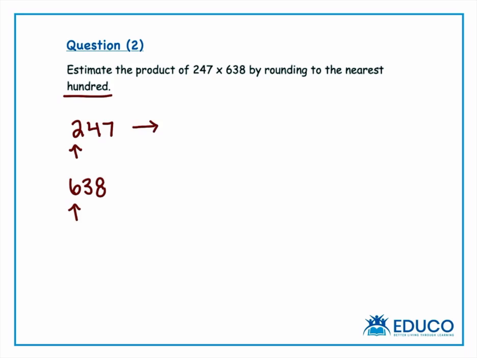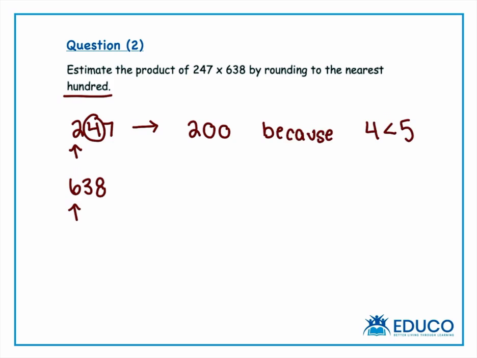So when I look at this number and I want to round, we know that the number 4 is less than 5, so we have to round 247 down to 200 because 4 is less than 5.